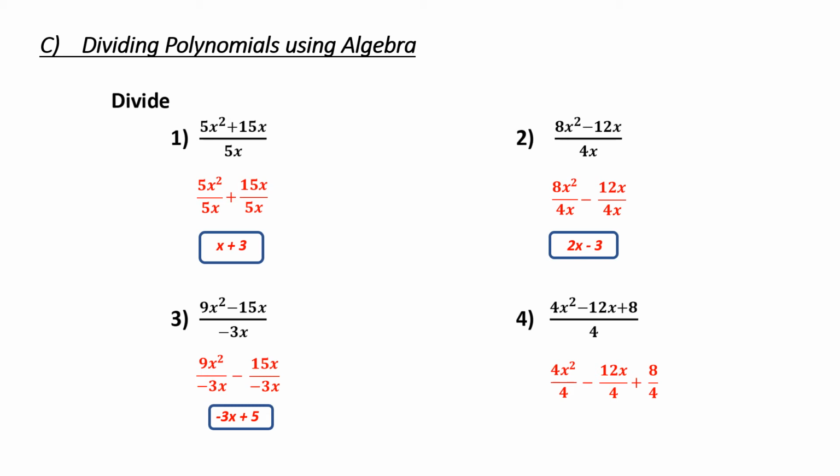So now when we divide this, 4x squared divided by 4 is x squared. Negative 12x divided by 4 is negative 3x. And finally, 8 divided by 4 is 2. Again, none of these are like terms, so that is my final answer.